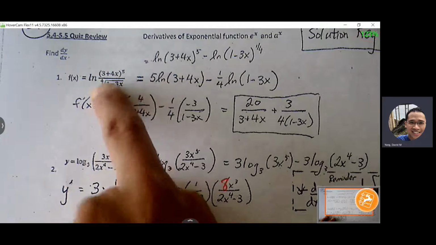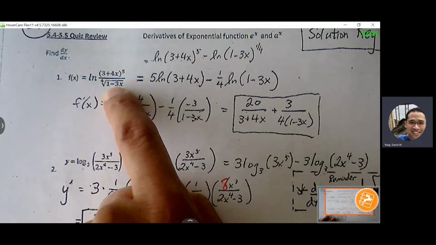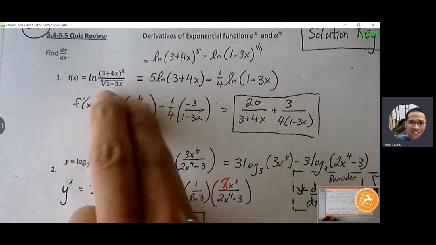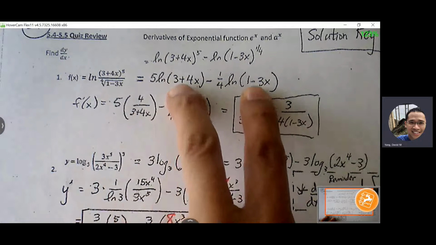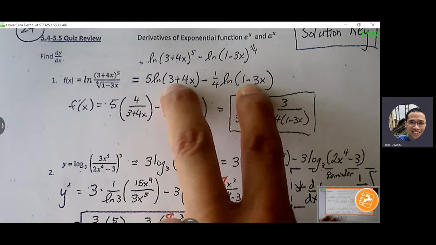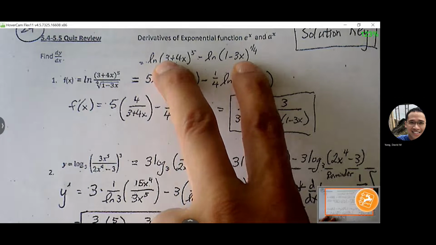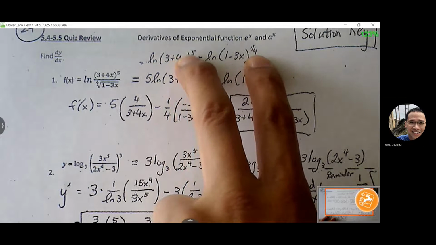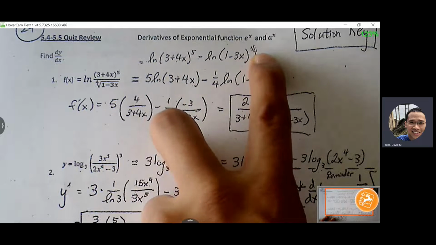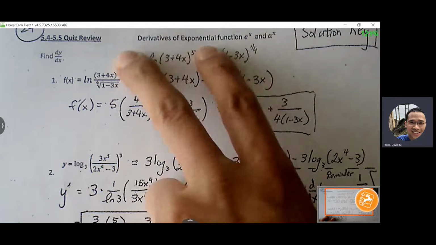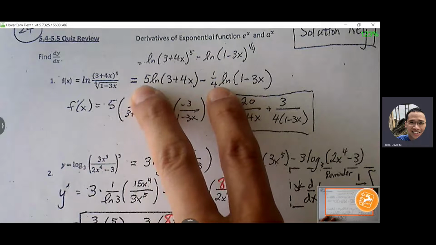Otherwise, my u value is just too messy and I prefer not to do the derivative when the problem is that messy. So this is a above and b below, so natural log of a minus natural log of b right here. And we can either note our exponents or convert our radicals to exponents, and bring those exponents down as coefficients.